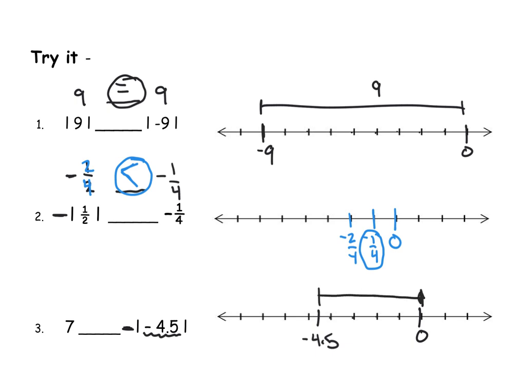And the distance -4.5 is from 0 is 4.5. But we have that opposite out front, so we need to say negative. So now we're just comparing 7 to -4.5. Anytime we have two integers, and one is negative and one's positive, we obviously know the positive is going to be greater.